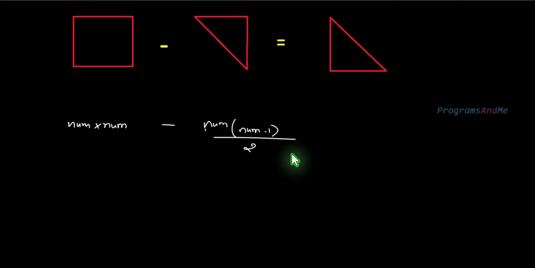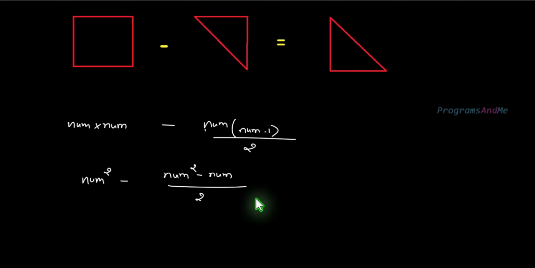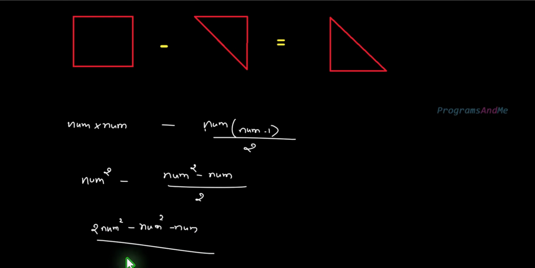It is the number of spaces needed. If I minus this from the num square, that is 2 num square minus num divided by 2, that is nothing but num square minus num.